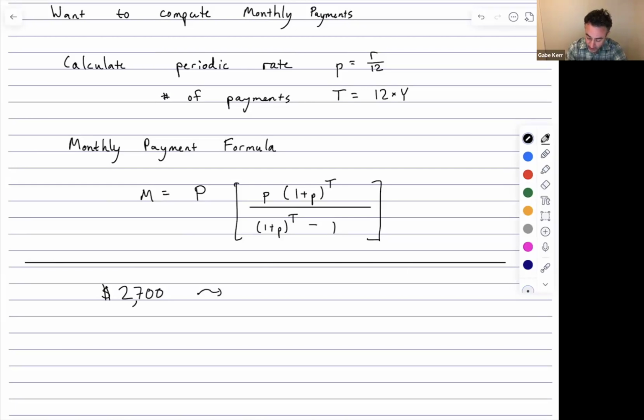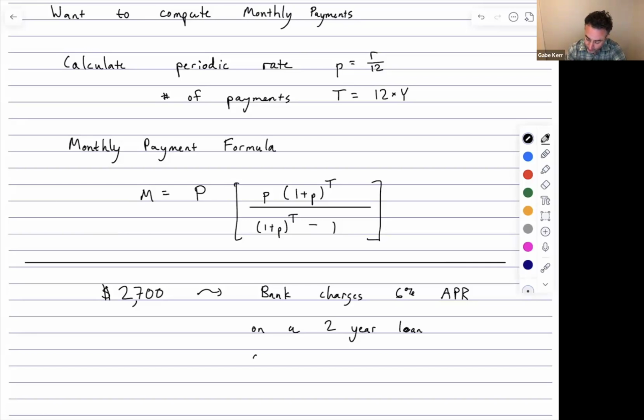So the bank charges 6% APR on a 2-year loan. So these numbers then are going to give you your Y and your R.